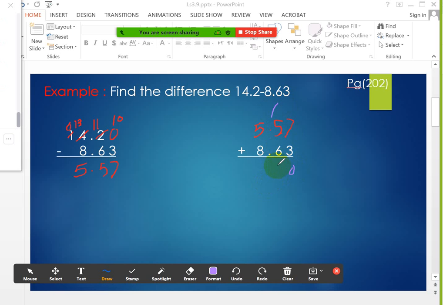So I will put 2 here and 1 above the ones. Now 1 plus 5 equals 6, 6 plus 8 equals 14. Don't forget the decimal point before I add the numbers. So this number will be 14. Look, the answer equals the same bigger number. That means my answer is correct.